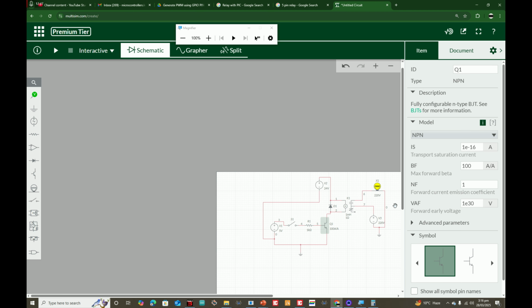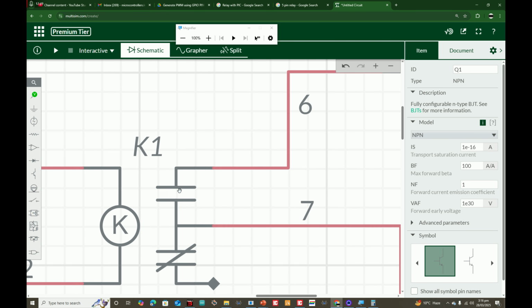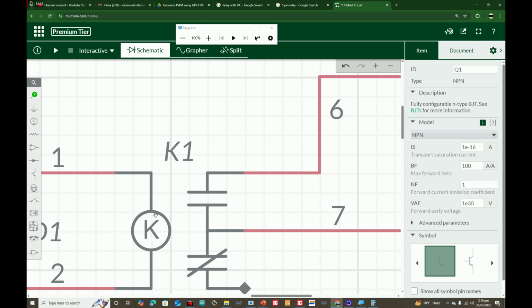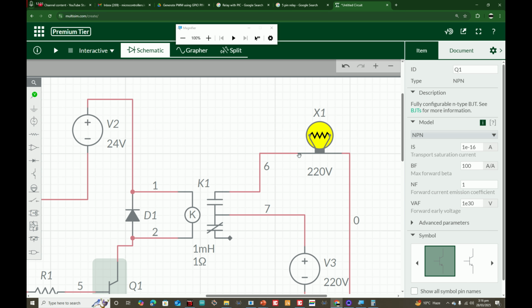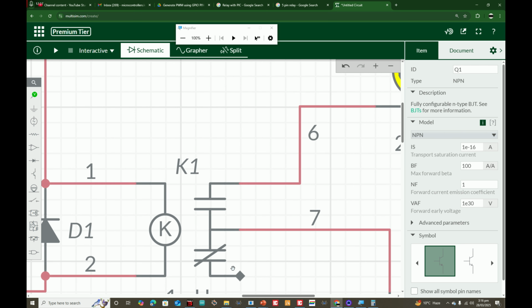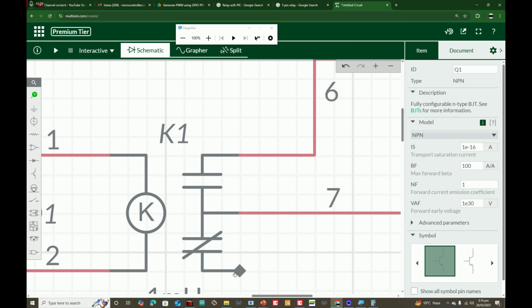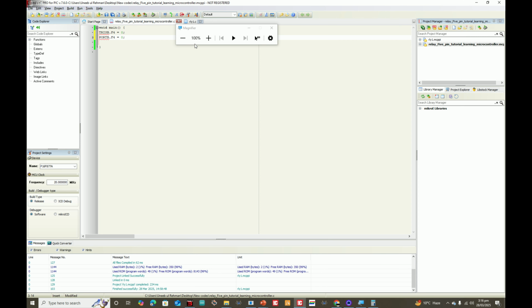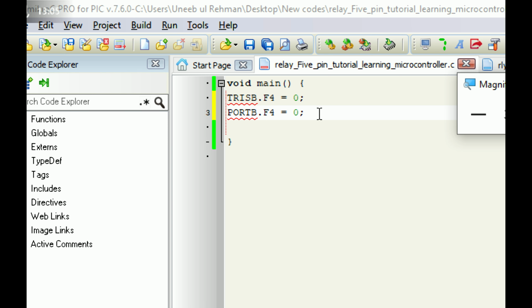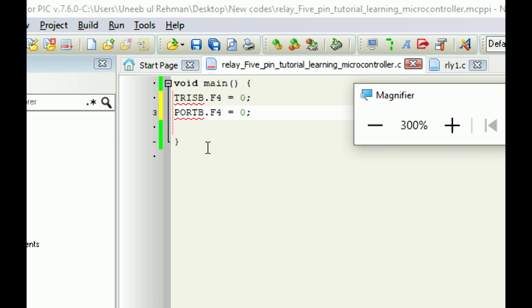Then also the bulb is connected to the normally open side. So normally open side means when the relay is triggered, like you give 1, then the bulb will turn on. If it was connected at the normally closed side, then it would be opposite. So by keeping these conditions in mind, our default state, that is when nothing is happening, should be 0. So at 0 the relay is off.